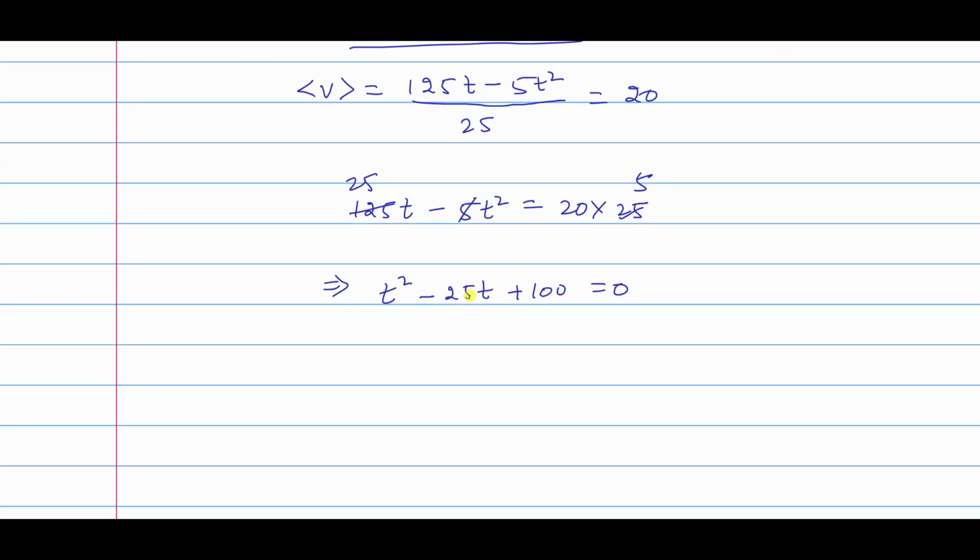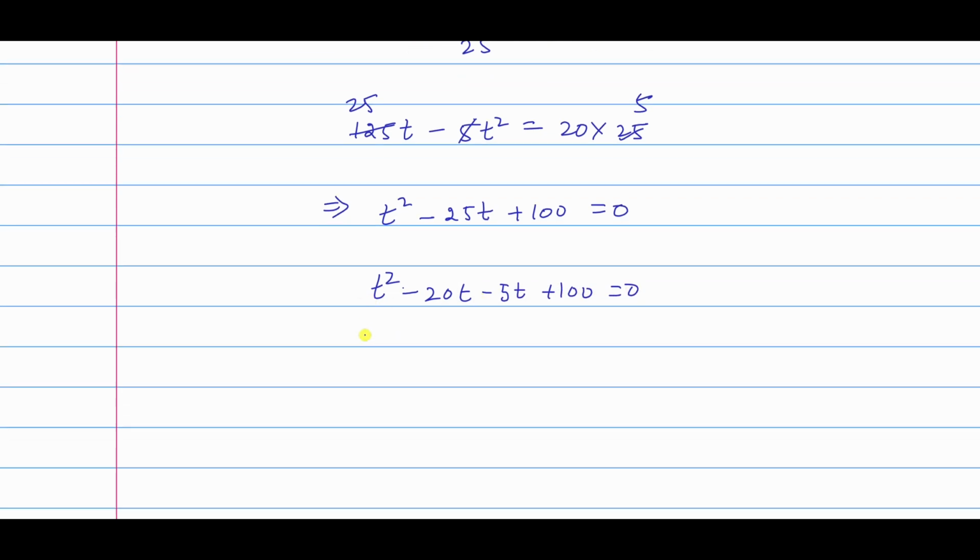From here we can solve this quadratic equation and find the values of t. So we need to find two numbers such that their addition is 25 and their multiplication is 100, which are 20 and 5. So t square minus 20t minus 5t plus 100 is equal to 0.